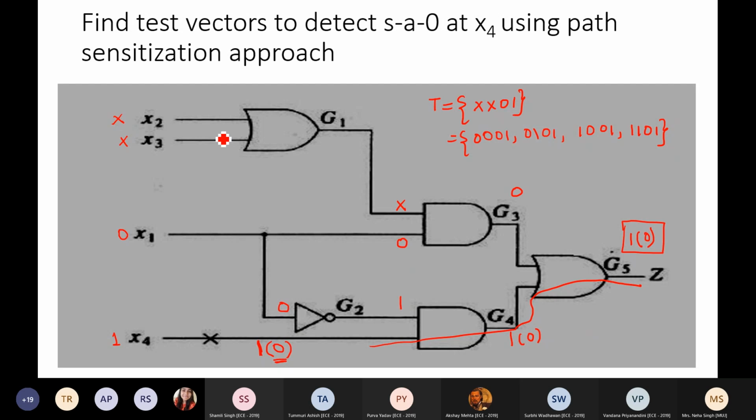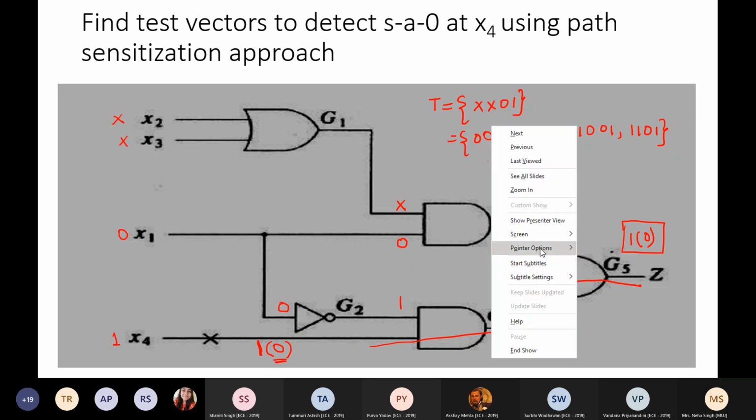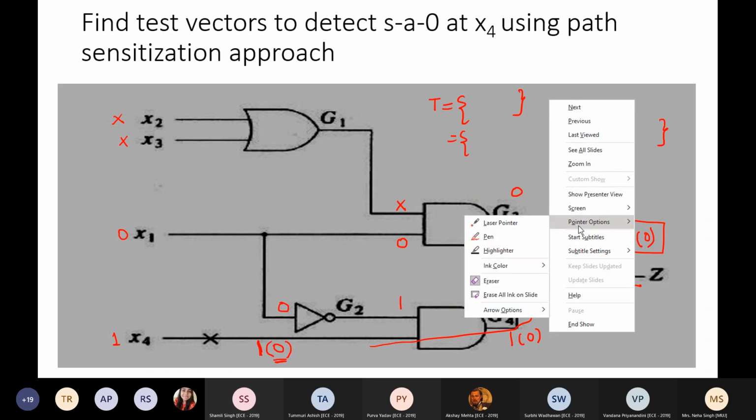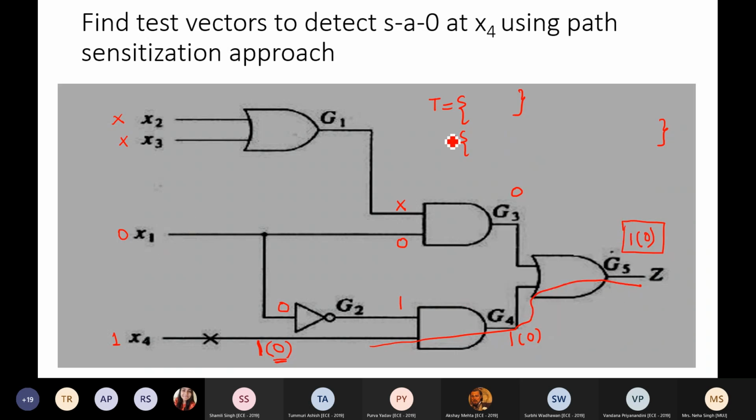When will it propagate? When this test pattern is applied. What is the test pattern? I wrote it wrong. What is the value of x1 in my test pattern? X1 is 0. X2 is don't care. X3 is don't care. And X4 is 1.